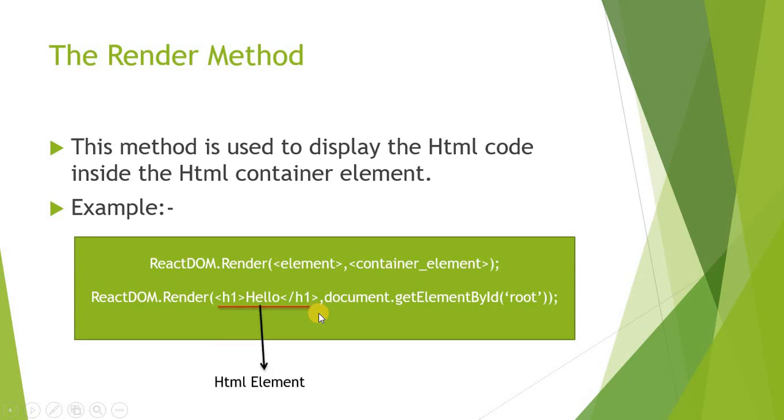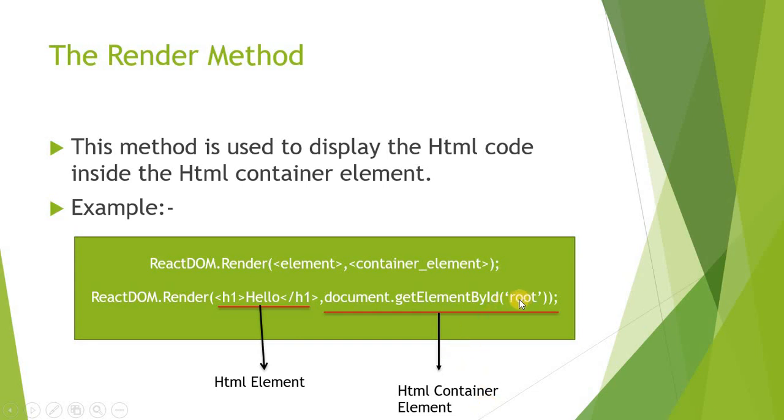Basically, the render method takes two different parameters. The first parameter is the element that you want to display, and the second parameter is the HTML container element. So the render method will render your HTML element in that container element.